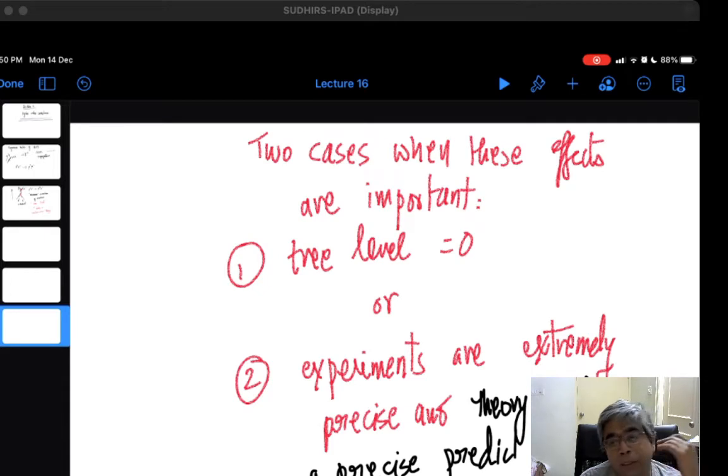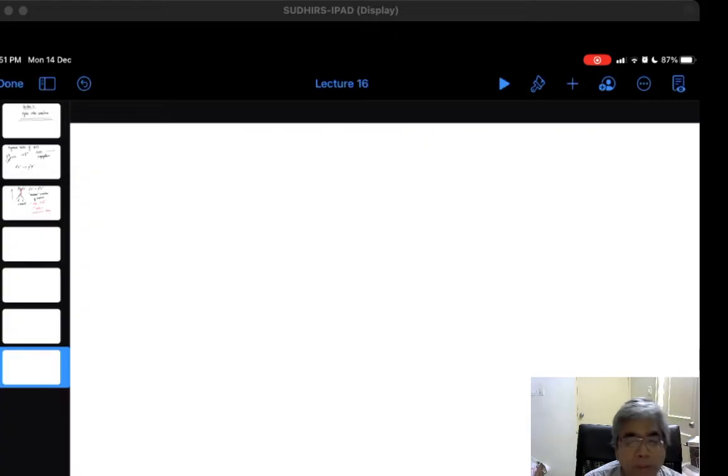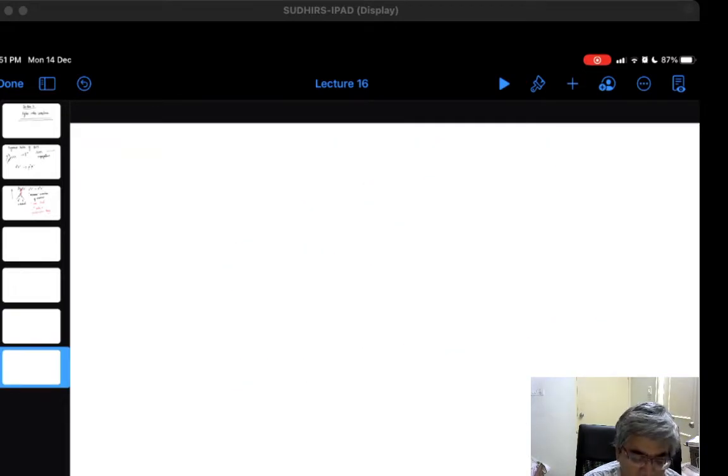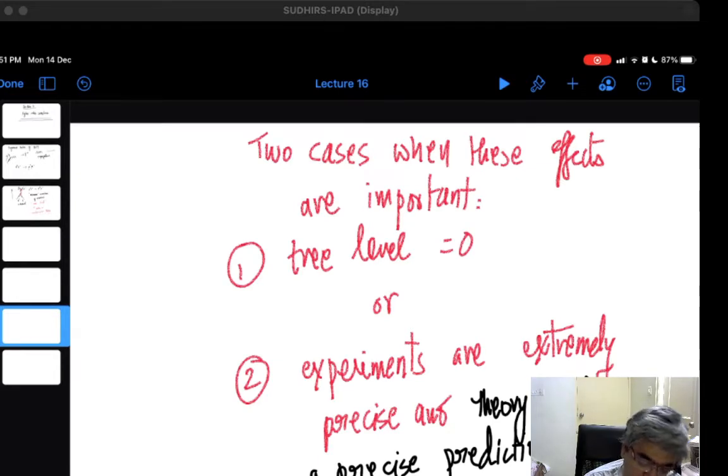In both these cases, you see the importance of radiative effects, meaning you will be able to see these radiative corrections, and then you know the theory at the quantum level. There are several names for these things: radiative corrections, quantum effects, loop calculations, and a number of things. So let's see the first case, when the tree level is 0.